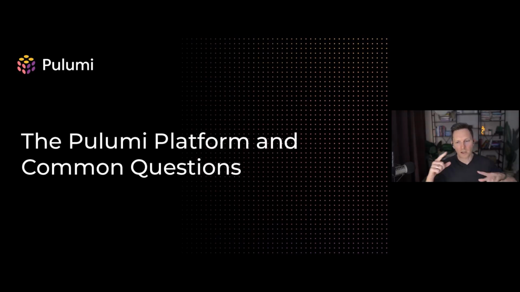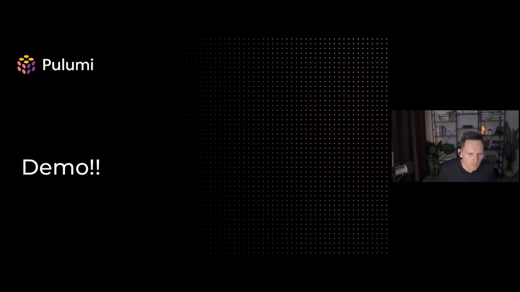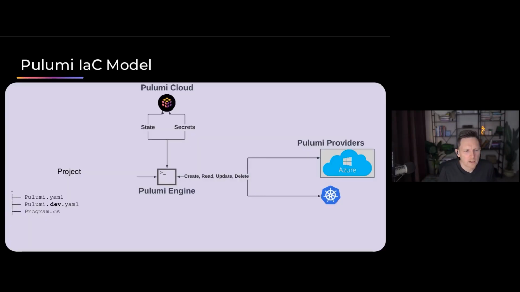I think there's a couple ways to interpret it, right? One is, if we go back to this slide, when you're making a change to the infrastructure, Pulumi is keeping track of the current state of Azure. In Pulumi Cloud, it has a state file, and it knows what's existing in Azure, and you can refresh that state if it gets out of whack for some reason.